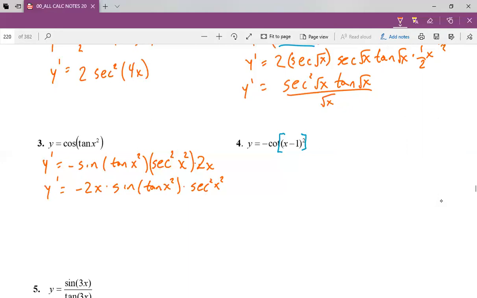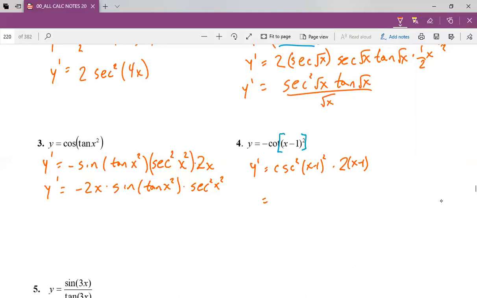Looking up above, our derivative of cotangent is negative cosecant squared, and so therefore y prime will equal positive cosecant squared. Inside stays the same, times your derivative of that inner part, which is just 2 bracket x minus 1 to the 1, times the derivative of the inner part, which is just 1.